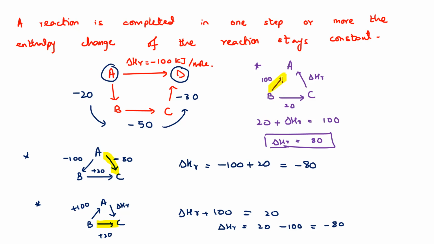It's only B to A, then A to C; the arrow is directed towards A, not C. So these arrows are basically getting added up. That's the final result here. Similar is the case here. They are being added up. Do you get this?